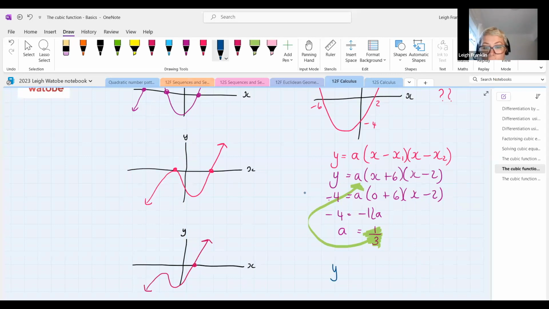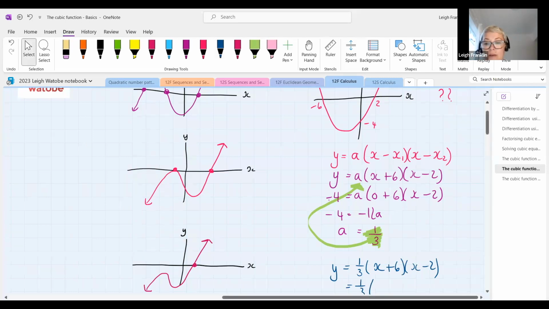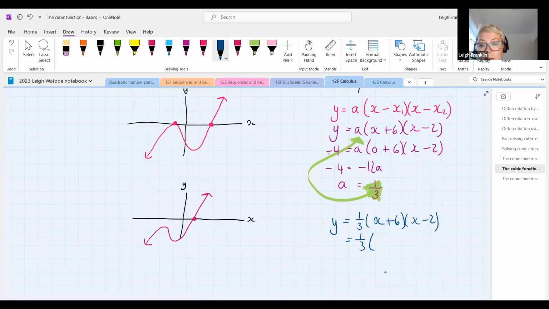So for example, you would have gone y equals 1 over 3, and then x plus 6 times x minus 2. Let's leave the 1 over 3 on the outside. This gives us x squared plus 4x minus 12. And then finally, we're able to multiply the 1 over 3 in. So that gives us 1 over 3 x squared plus 4 over 3 x minus 4.